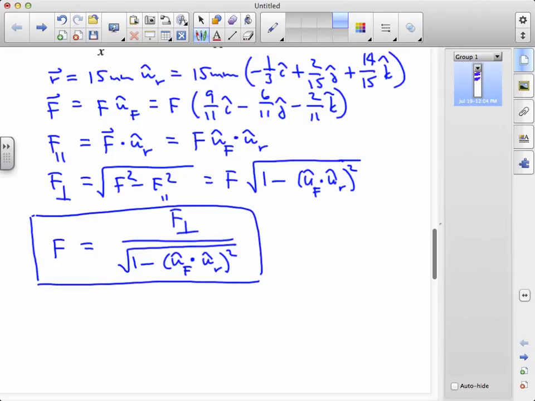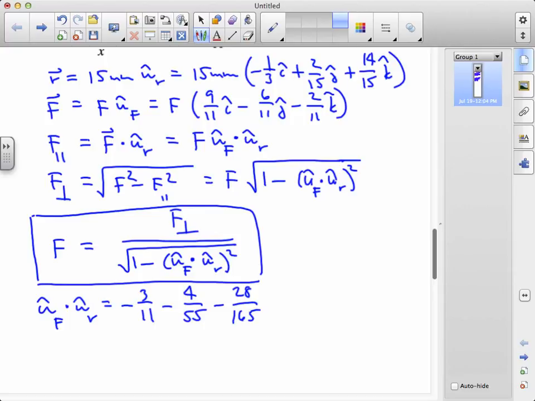We now have everything we need to solve for F. We can find UF dot UR from the two expressions given above, and that is evidently minus 1/3 times 9/11, which would be minus 3/11, plus 2/15 times minus 6/11, which turns out to be minus 4/55, plus 14/15 times minus 2/11, which ends up being minus 28/165.